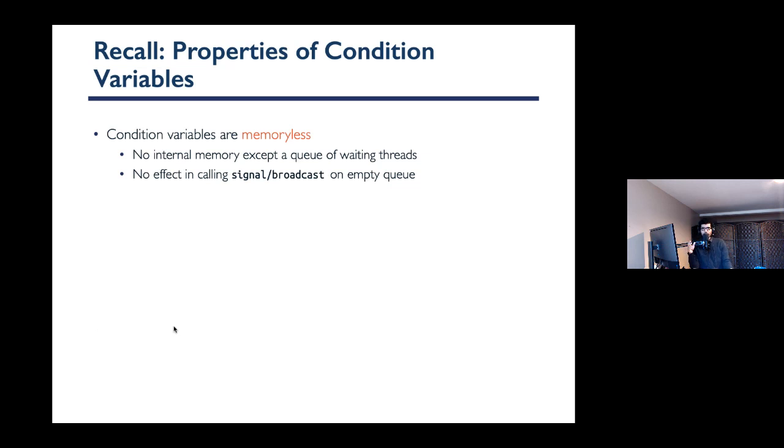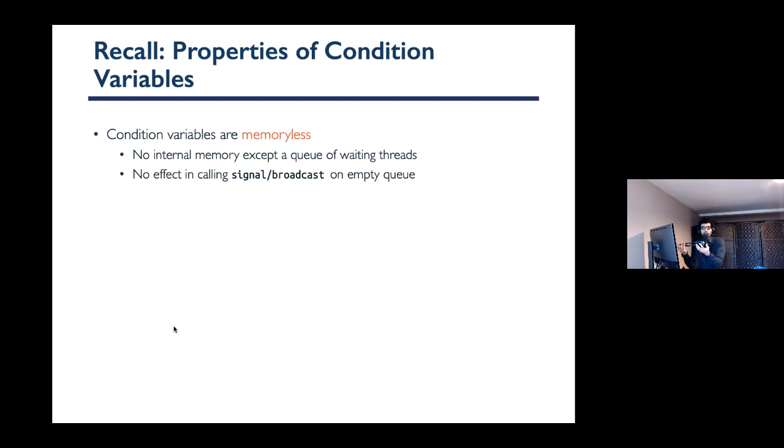If nobody has called wait, and a thread executes signal or broadcast, they get wasted. Your system doesn't memorize this. Now compare that with the V function. With the V function, even if you haven't called P, your V function is going to increment the value of your semaphore.